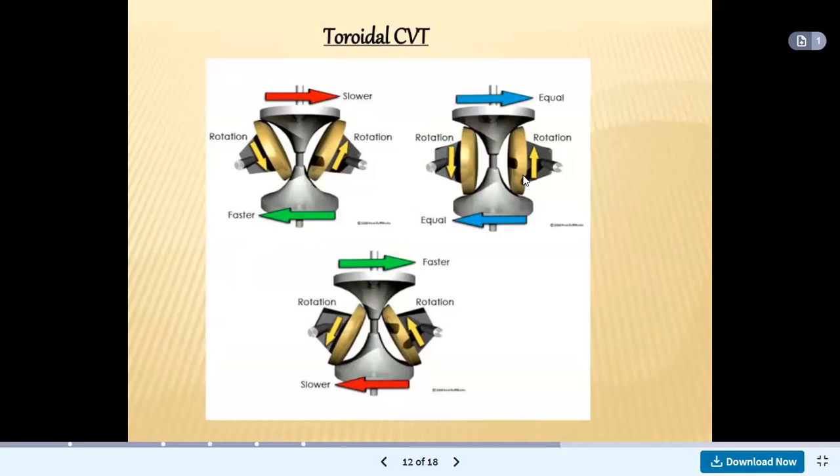And in the second diagram, as the speed is equal, the rollers become vertical, and in this case it is also transmitting at the same speed. In this case, the rollers, represented in yellow color, move in a downward inclination, and as the speed is slow here, the speed is fast here.